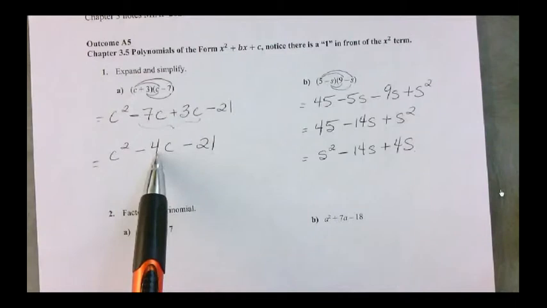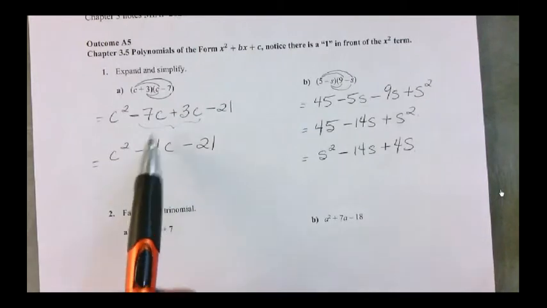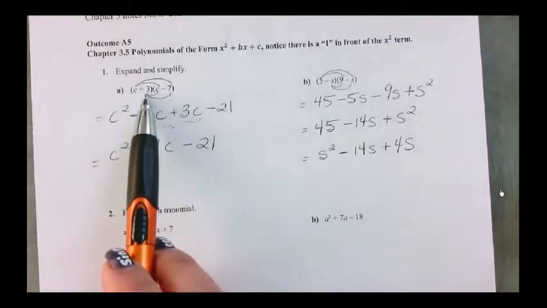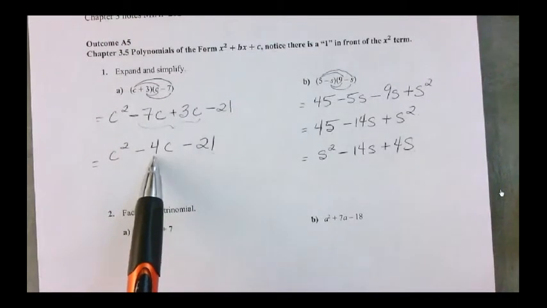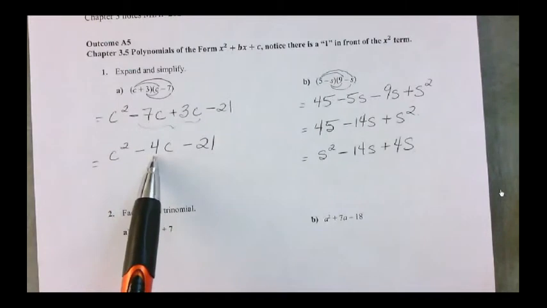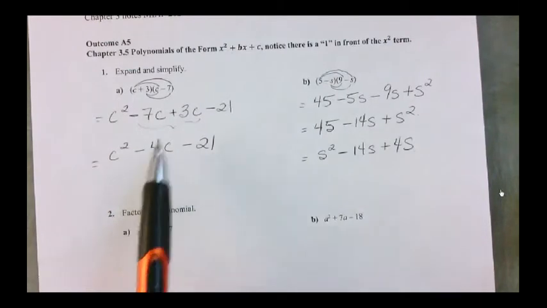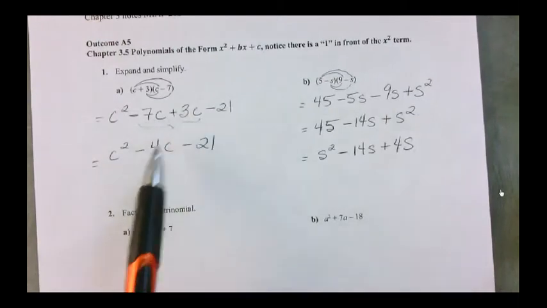What's the relationship there? If you were to look at negative 7 and 3, what's the relationship with that and the negative 4? You sum them together, right? So we simplified it, right? We see the minus 7 and the 3 here. We just combined them and got minus 4.